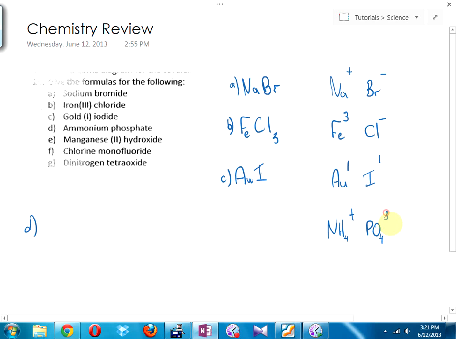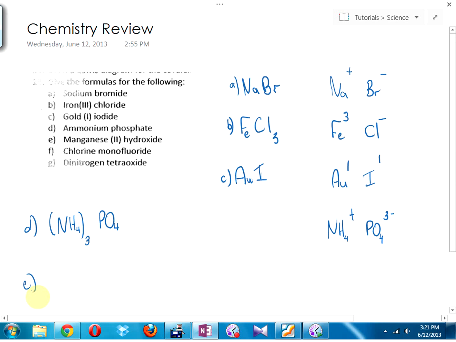Now when I crisscross, it's going to be NH4, 3 of them, and PO4, 1 of them, so I don't need to throw brackets or anything. But if there was more than one, I'd put the whole thing in brackets.